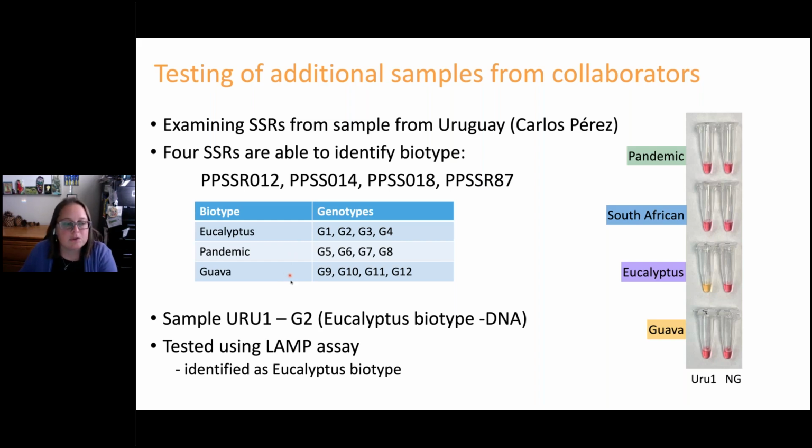So basically what we were able to do is run those microsatellites on that sample. And what we found was that it had basically genotype 2, which makes it fall into the eucalyptus. And then we double checked that using our LAMP assay. And what we see is that using our LAMP assay, it is a eucalyptus biotype. And so when we get samples to ensure that our assays are working, we've got to type them with the SSRs and then run them on the LAMPs as well.